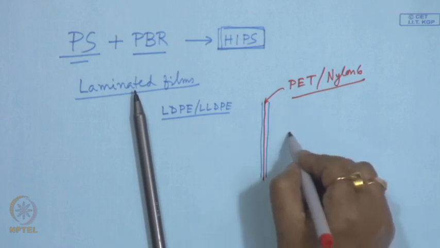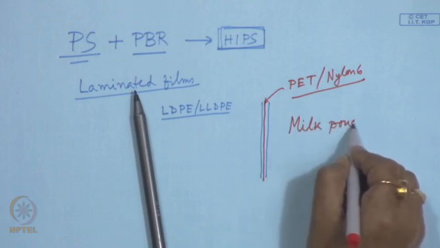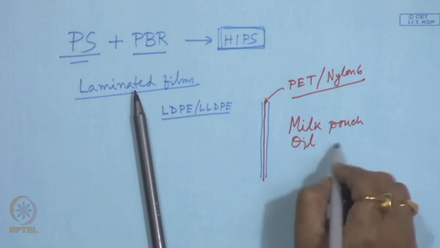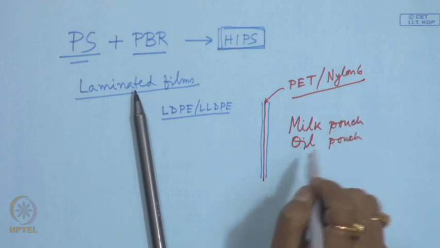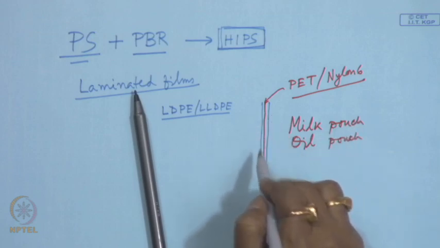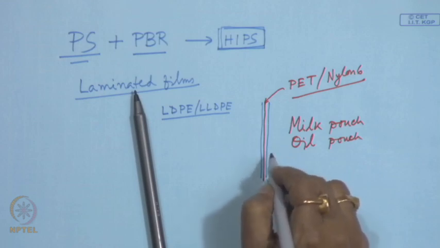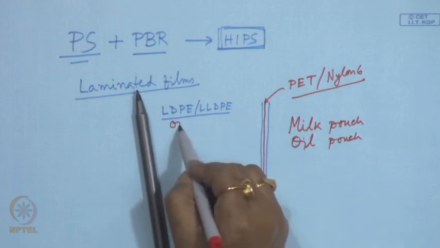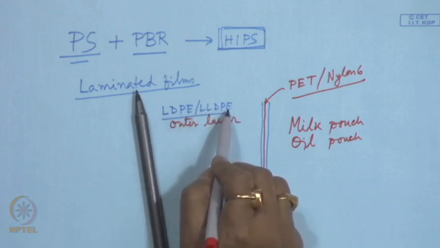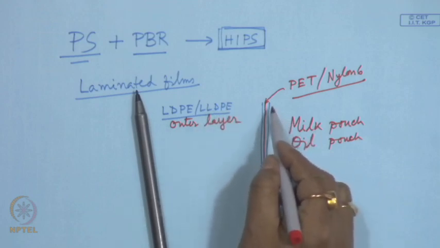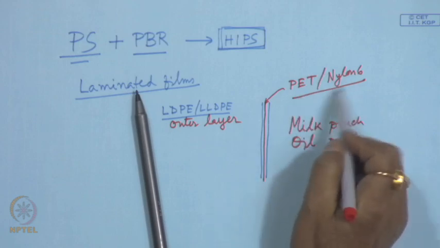Basically, this milk pouch or oil pouch, these are laminated films, where the outer layer is made of the LDPE-LLDPE blend and the inner layer, known as the barrier layer, is polyethylene terephthalate or nylon 6.